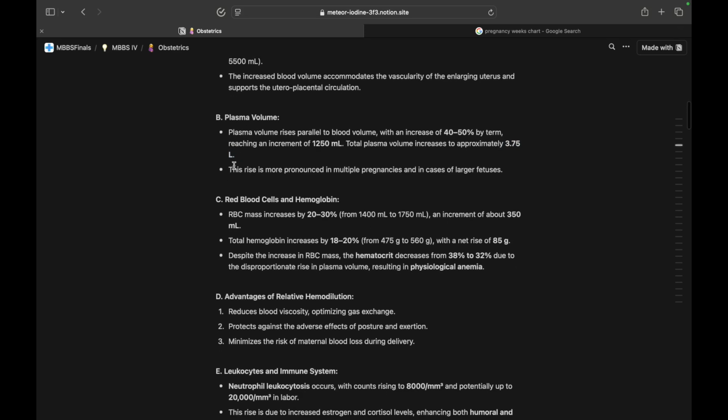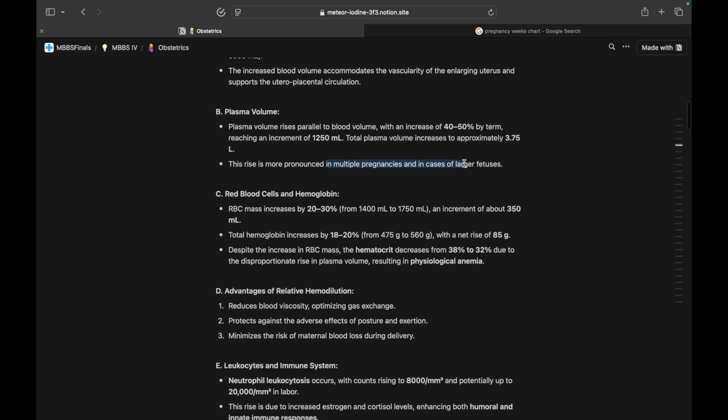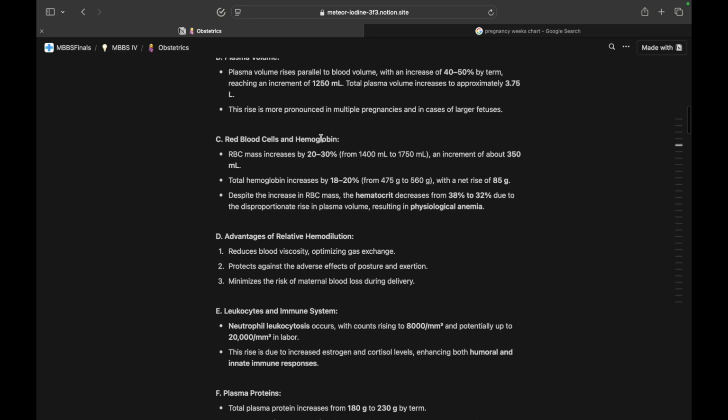This increase is more pronounced, meaning you can see it more clearly, in multiple pregnancies and in case of larger fetuses. So 40 to 50%, 1250 ml increase, to 3.75 liters.